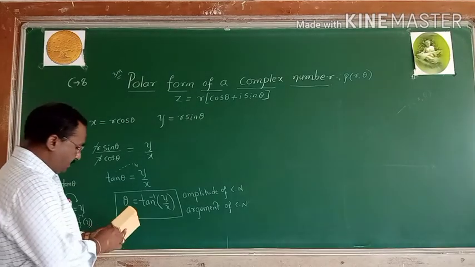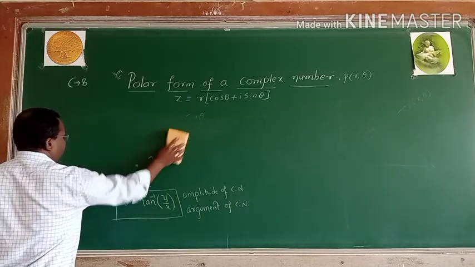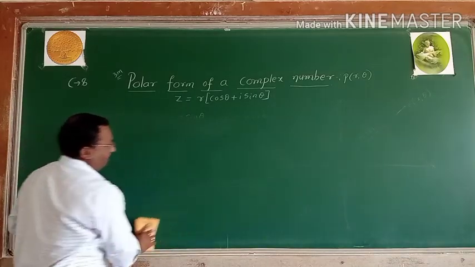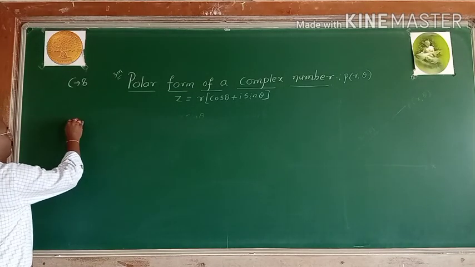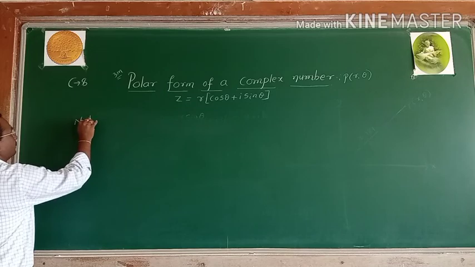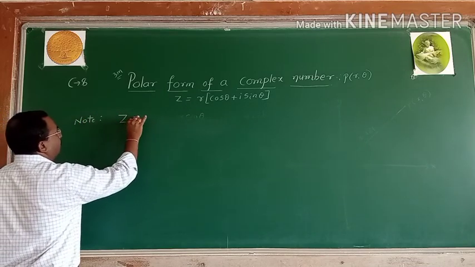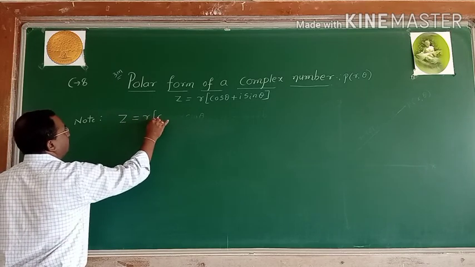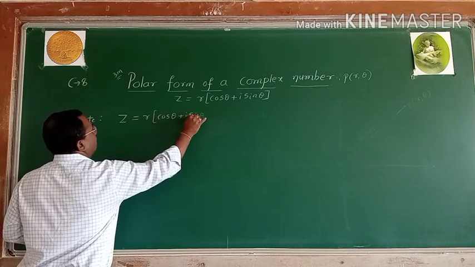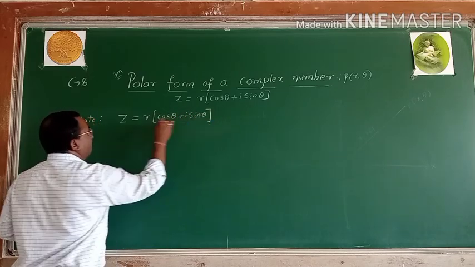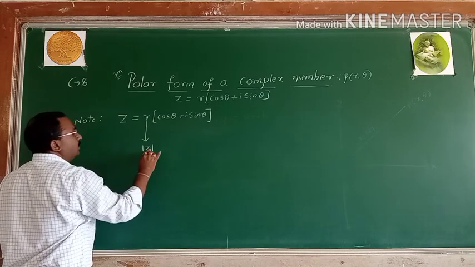Note that z is equal to r times cos theta plus i sin theta. Here this r is called the modulus of z. Understood?